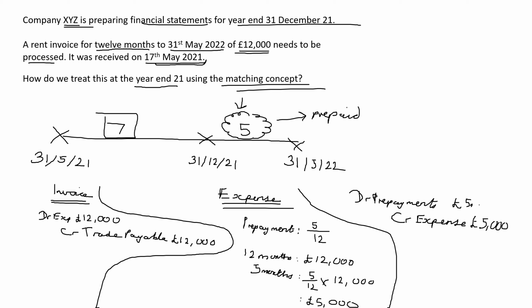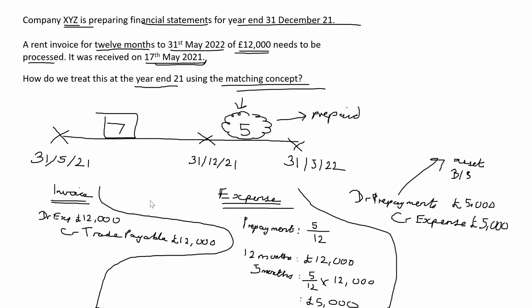And what I want to point out is that prepayments is an asset, because you're going to get the benefit of the service later on, and it's therefore on the SOFP or the balance sheet. Okay, right, what else did I want to raise?